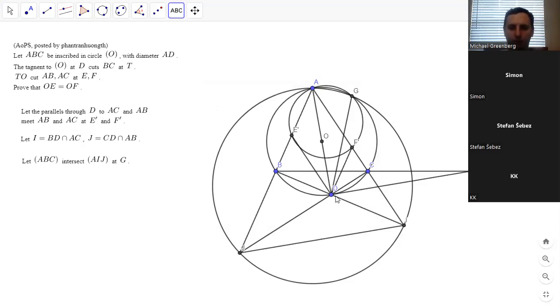And that's true basically by spiral similarity because we want to show BE prime over BJ is CF prime over CI, right? And that is true.